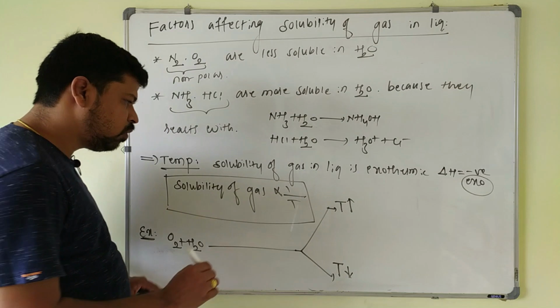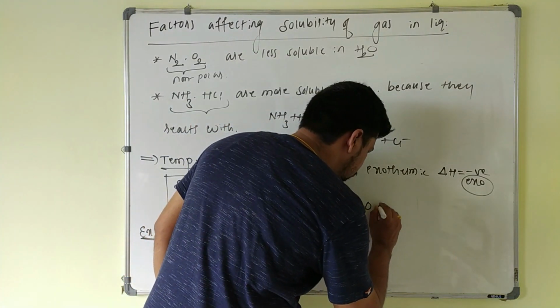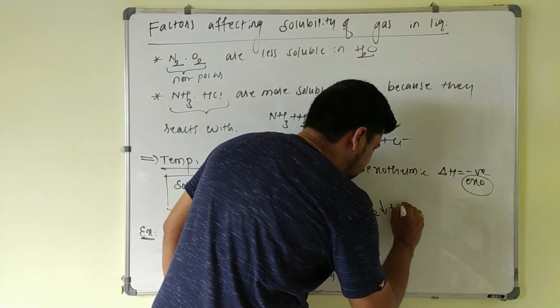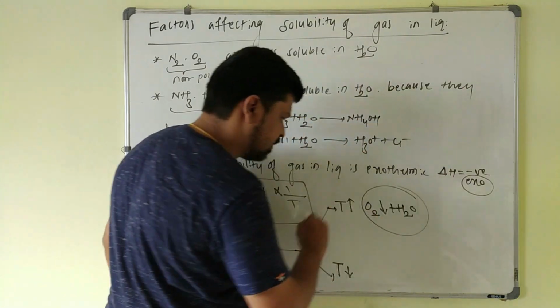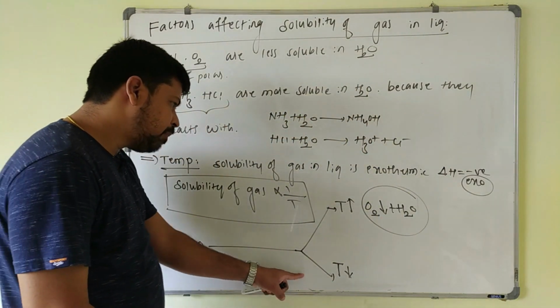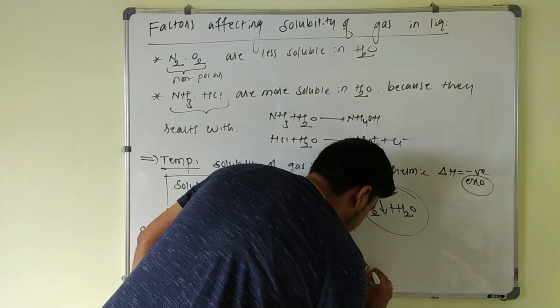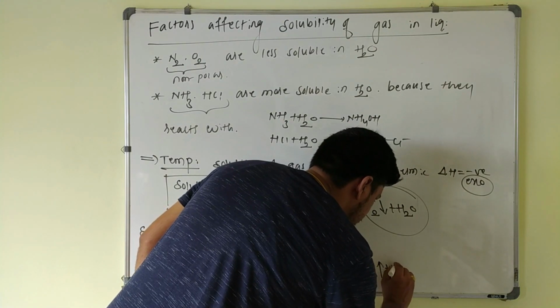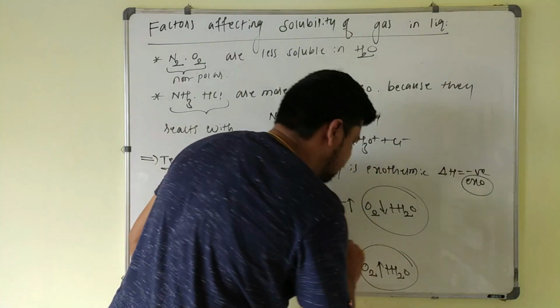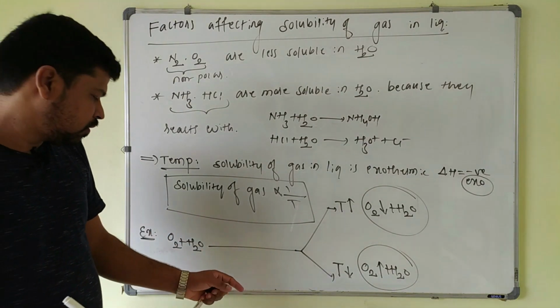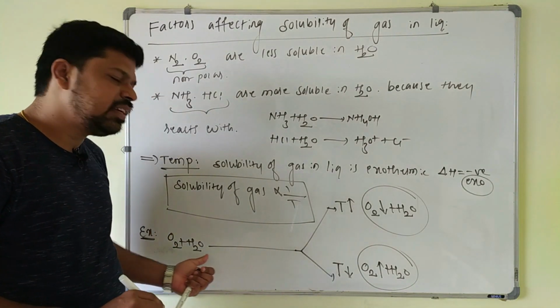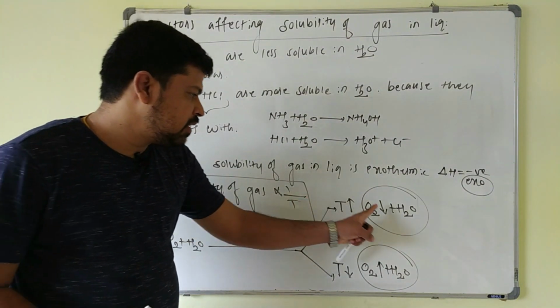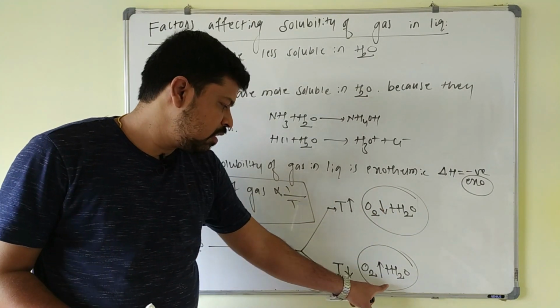At high temperature, O2 is less soluble in water. The concentration of O2 in the water decreases. At low temperature, it is more soluble in the water. The concentration of O2 in the water increases. This is the solubility of gas in liquid. High temperature, less soluble and low temperature, more soluble.